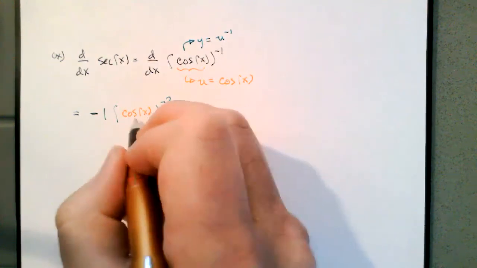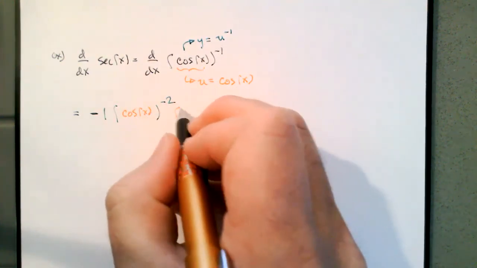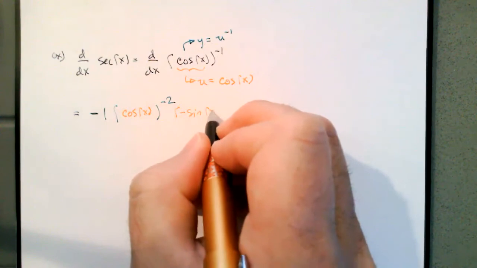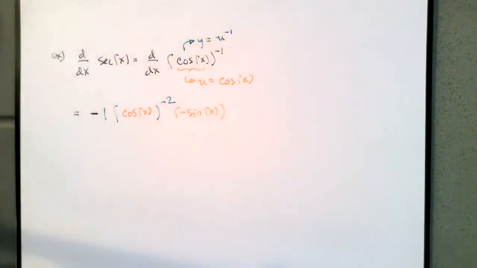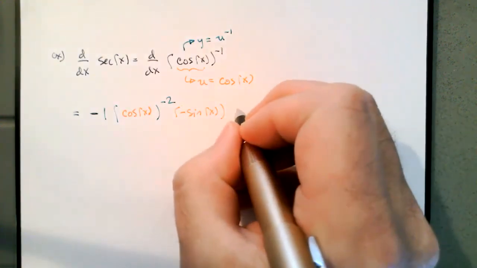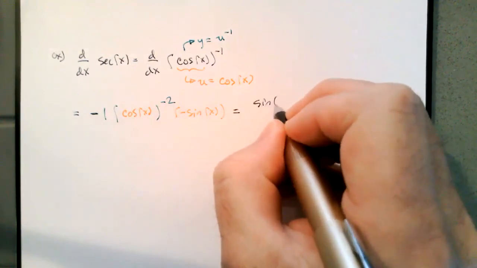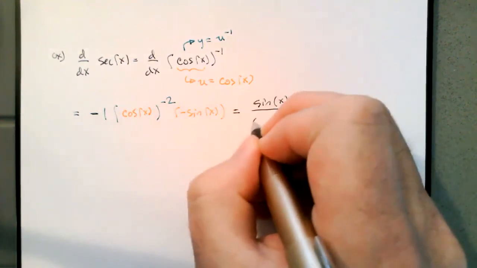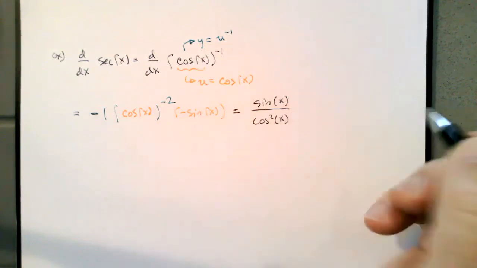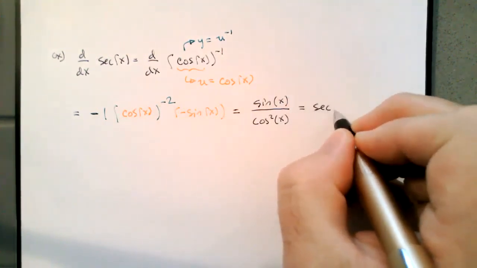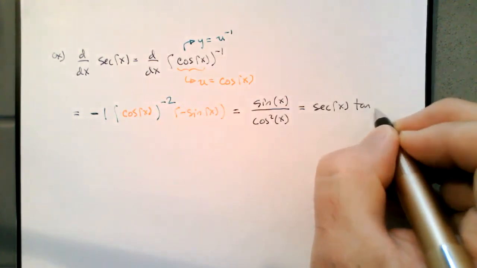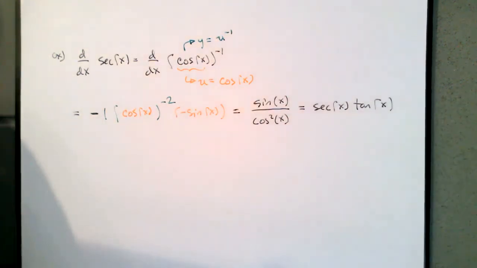But then the chain rule says we have to multiply by the derivative of the inside, and the derivative of cosine is negative sine x. So we arrive at the same place we did when we thought of using the quotient rule. The negatives cancel out, and I have sine x over cosine squared x, which we can write as secant x tangent x, the same way we did before.